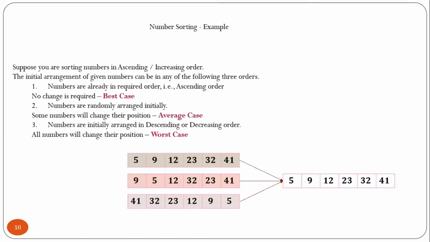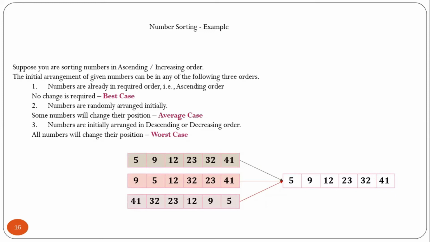So this is again the number sorting example. Numbers are already in sorted order, so that is the best case. Numbers are randomly arranged, that would be the average case. Numbers are arranged in descending or decreasing order, that would be the worst case, because here we have to perform the maximum number of comparisons in order to bring it to the increasing order. Whenever you are sorting numbers, you have to bring them into increasing or ascending order.